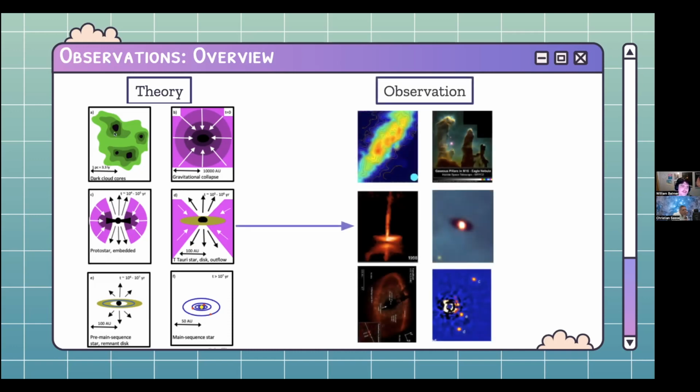So like I said, for these dark cloud cores, we have observations with radio telescopes of these giant diffuse molecular clouds in our own galaxy. At the stage of gravitational collapse, we can go out and observe star-forming regions where we can see this effect happening. Here you can see an edge-on flared disk that has just ignited a protostar, which has a huge outflow along the axis here.